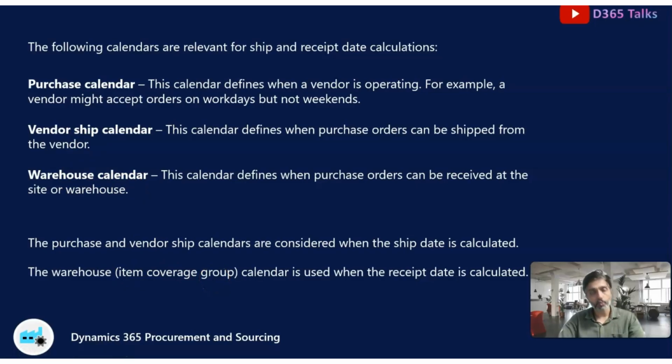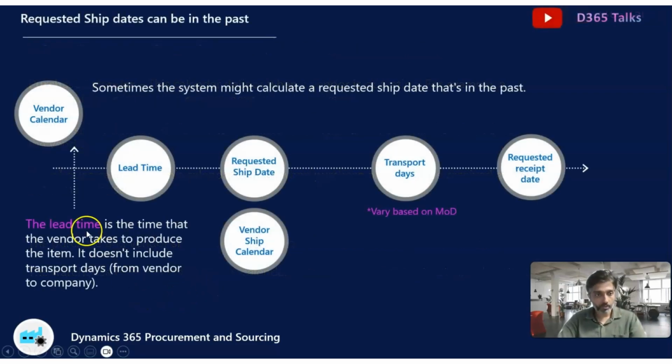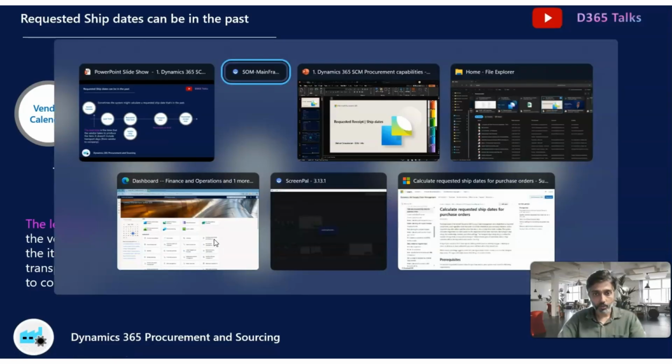The transport days are also considered, but we will not touch upon that in this video. Probably we'll take it up in part 3. So in this video we will touch upon how lead time and your vendor ship calendars primarily govern your ship and receipt date, right? With that note, let's quickly jump into the Dynamics 365 screen.